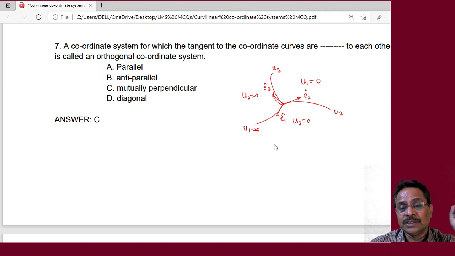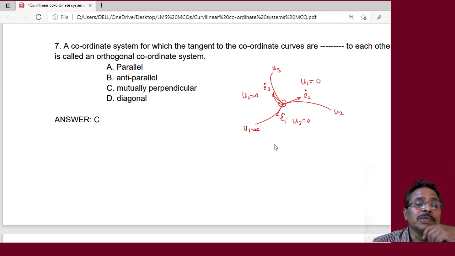All these tangents at one point will be found to be perpendicular to each other. Whenever, for any curvilinear coordinate system, the tangents drawn to the curved surfaces or curvilinear axes are found to be mutually perpendicular, such a system is called an orthogonal curvilinear coordinate system.